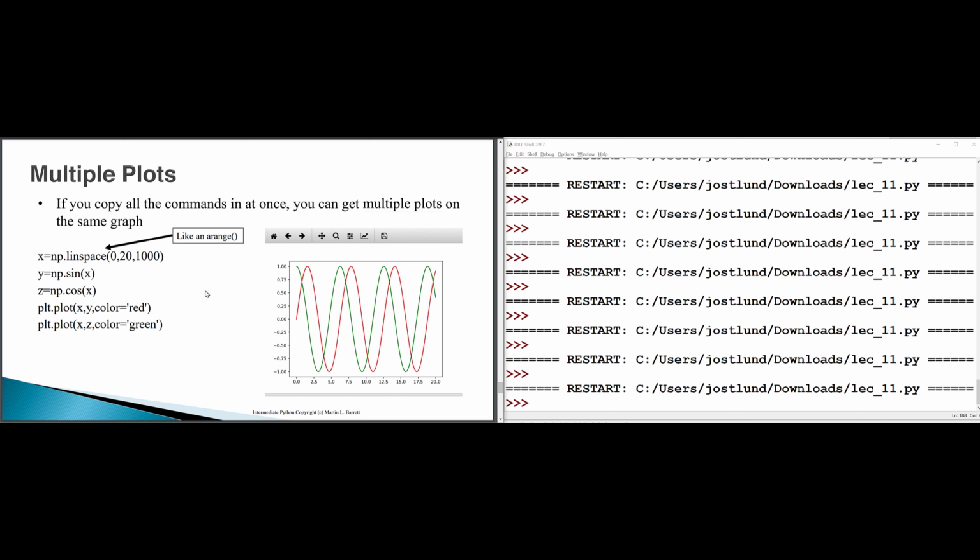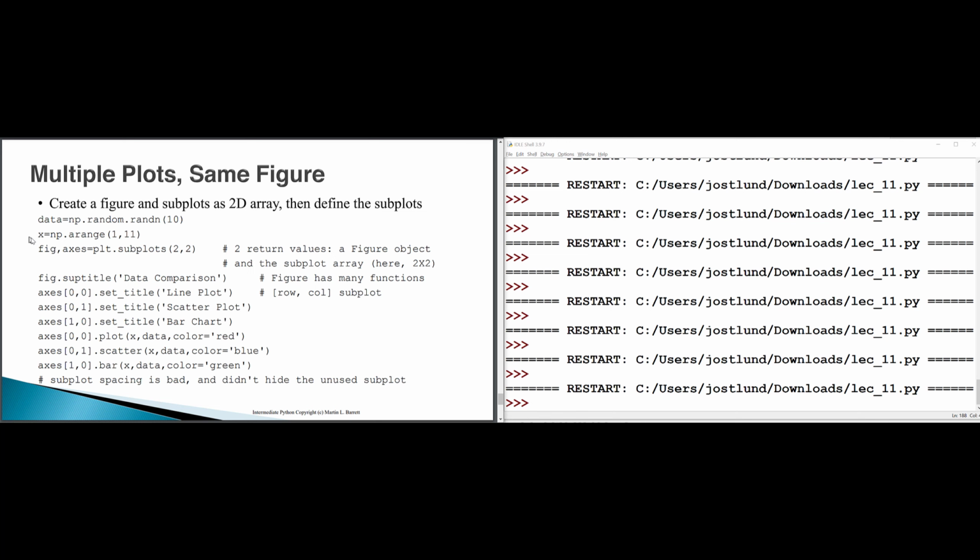I can also create what's called a figure in which I can create an array of subplots. Okay, so I'm creating a 2x2 figure here, and I'm not going to go through all the details, but it allows me to create separate plots in the upper left quadrant and the upper right quadrant and the lower left quadrant and the lower right quadrant.